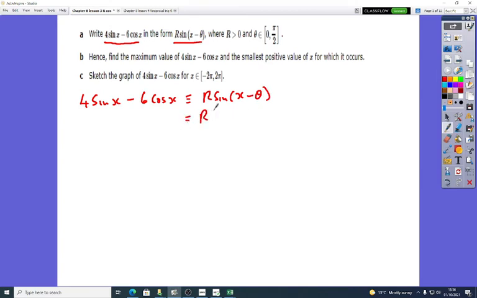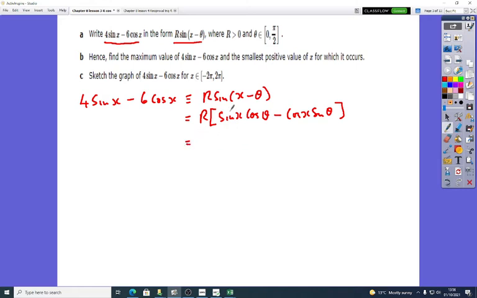So you've got r, now this is your addition angles. You'll get sine x cos theta, and in the sine function, in the addition formula, that will stay as a minus, and you will get cos x sine theta. Okay, that's one of the first things we did on addition formulas.